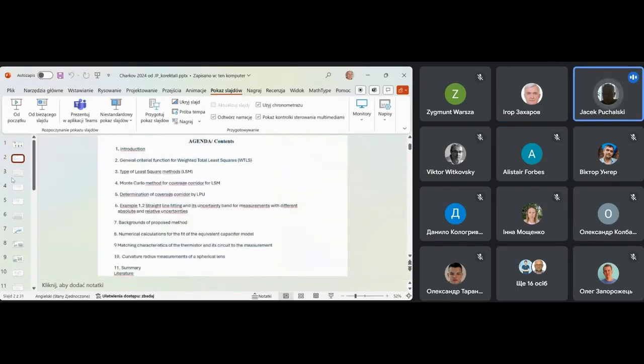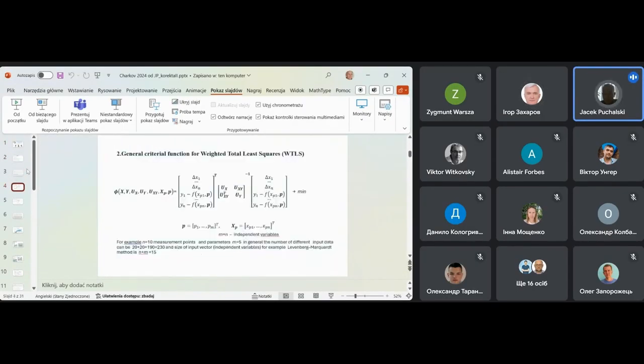If I put this slide, you see the first slide. Now, yes, slide general criterion function. Maybe I start from the current slide, and you see my slide. Okay, I talk about this minimization of this criterion function.